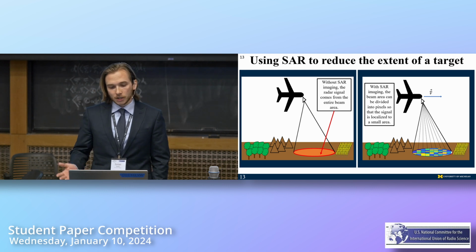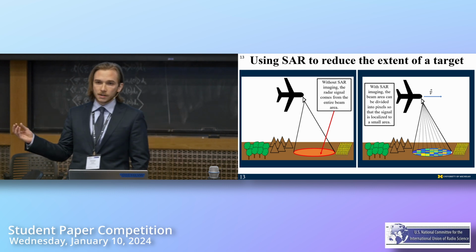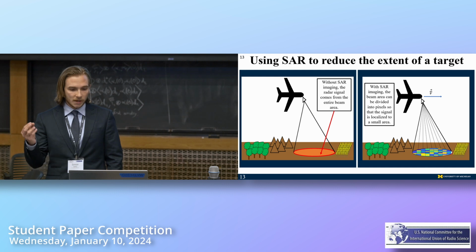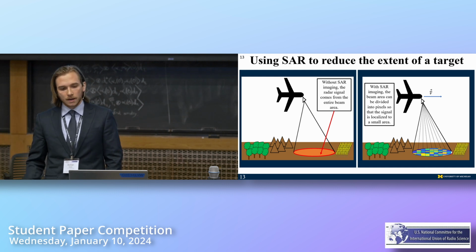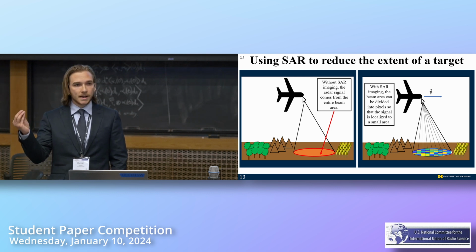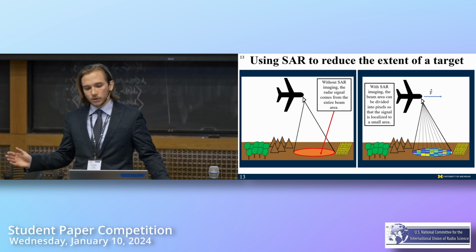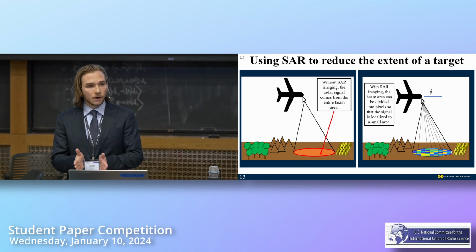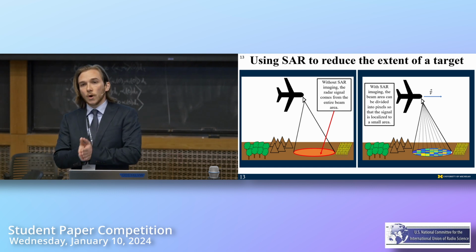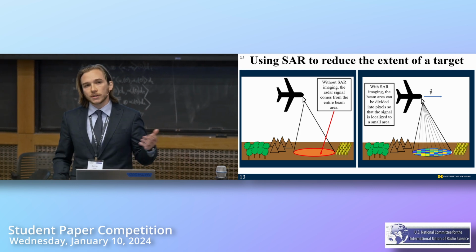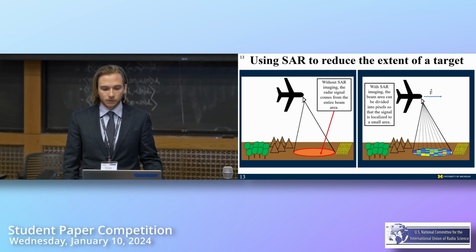But with SAR imaging, you can use the velocity of the aircraft or spacecraft to create a synthetic array with your antenna element in multiple positions, and you can do imaging with that, where now you reduce the extent of this target down to one pixel, where the size of your pixel is determined by your range resolution and your cross-range resolution.